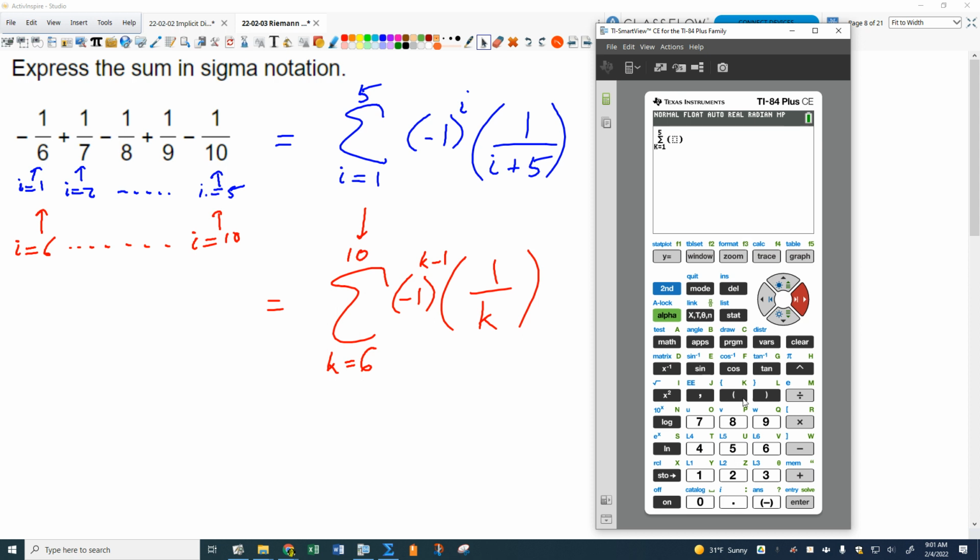I'm going to have a -1 to the K, so alpha K, times one divided by K plus 5.